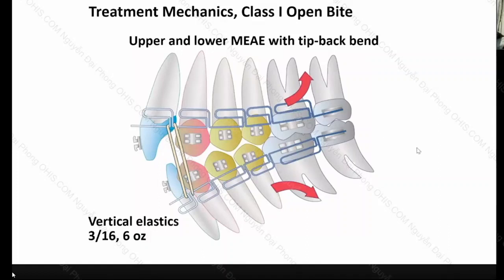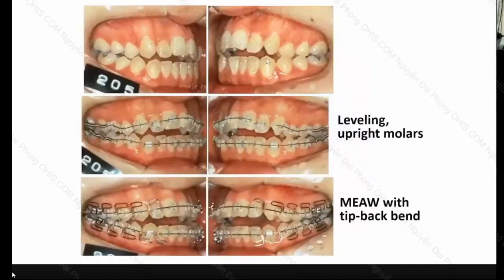So like this, put the bracket, then 1–2 months of leveling, then put the multi-loop with tip back bend. Maybe you can see this lower buccal segment is inclined too much forward. Therefore, slowly uprighting.